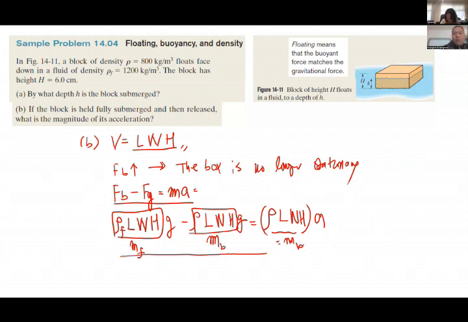So that creates the equation based on Newton's law. If you rearrange this formula in terms of acceleration a, you can find the relationship.